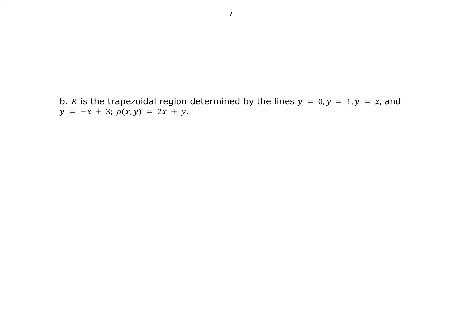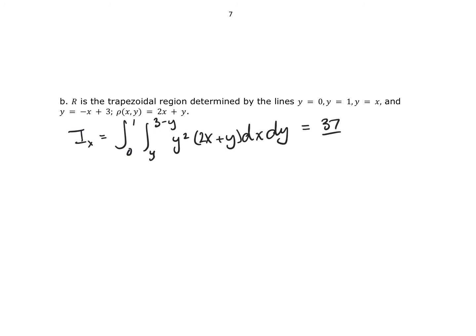So skipping to the chase, we have I of x is going to be equal to, again, we've done this. It's from 0 to 1, y to 3 minus y, squared, x, 2x plus y, dx dy, and this ends up becoming 37 over 20.